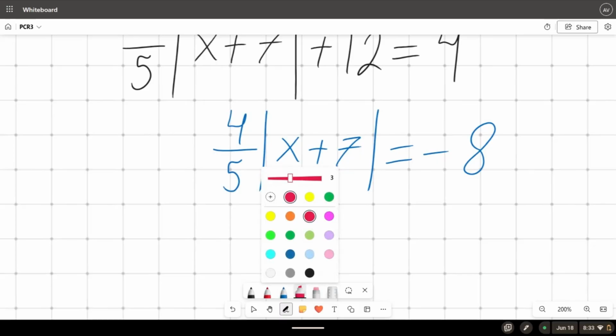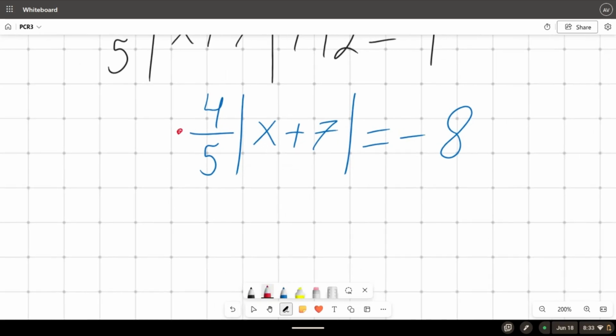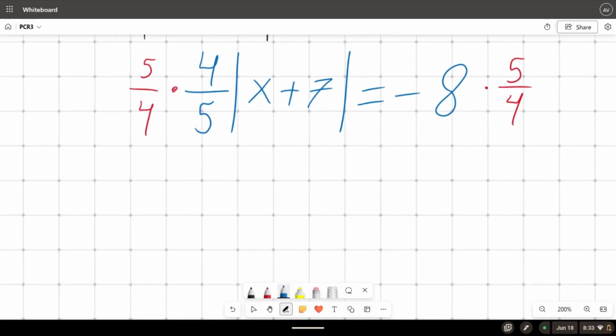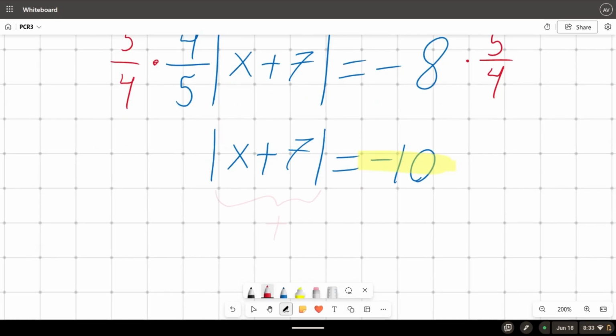And you might already see the issue. It's this negative. So even when we multiply both sides by 5/4, we get the absolute value of x plus 7 is equal to negative 10. And the issue still stands. That's a negative number.